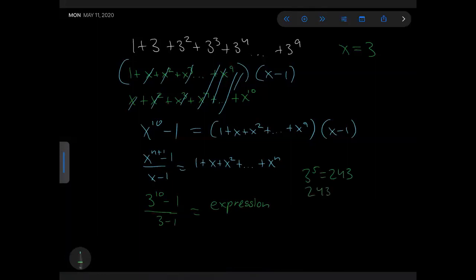You can calculate 243 squared without too much issue. At least you can do it on paper, and you'll get 59049. And this minus 1, over 2, will give us an answer of 29524.